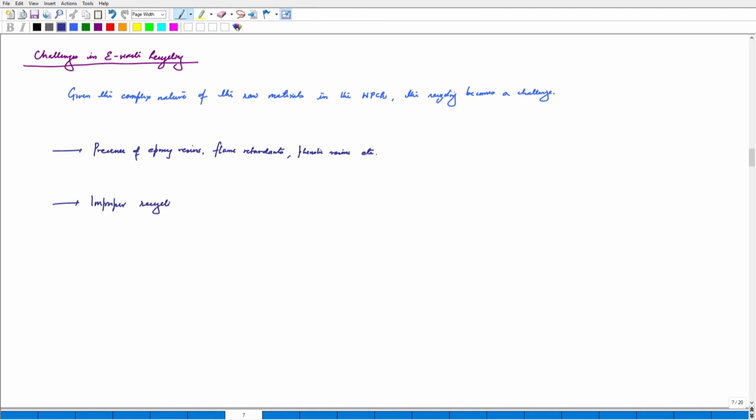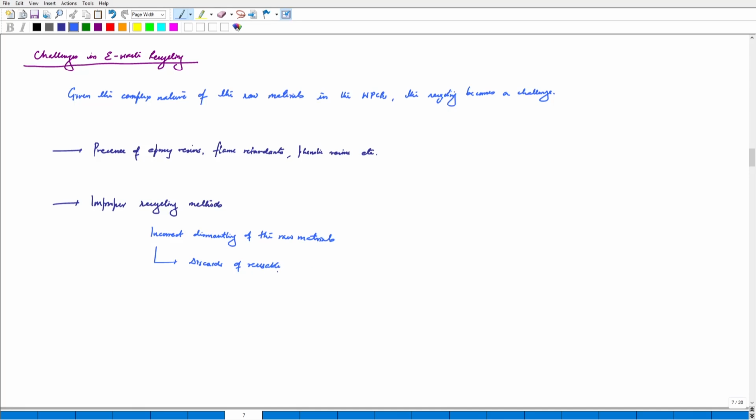Improper recycling methods. This is a very big challenge. Why? Because incorrect dismantling of the raw materials, in this case, it's a PCB, of course, we can have different examples also, will lead to discards of reusable components.